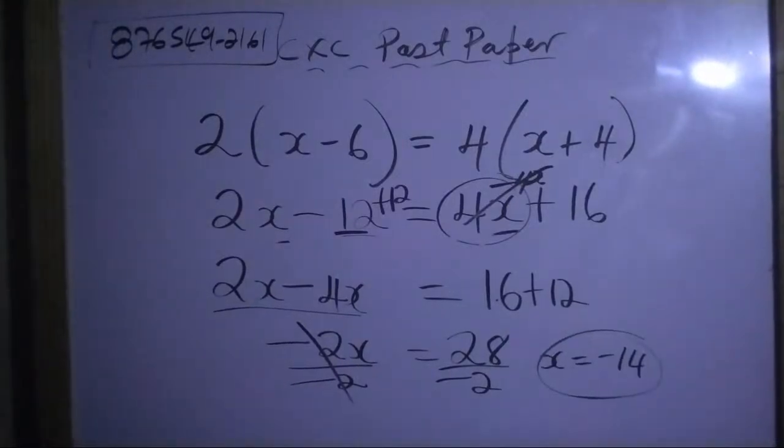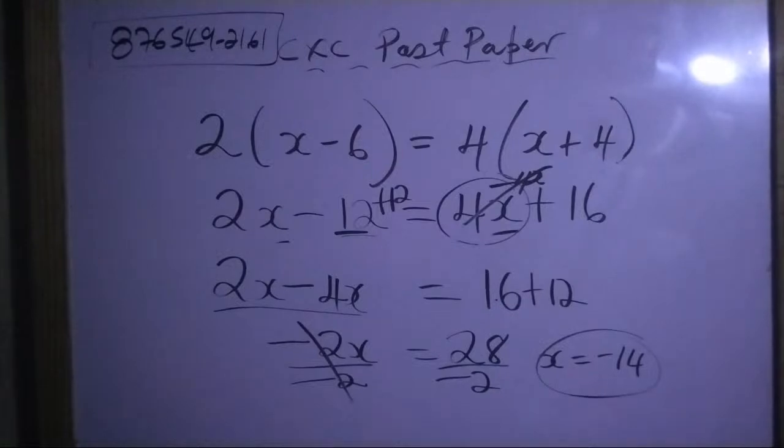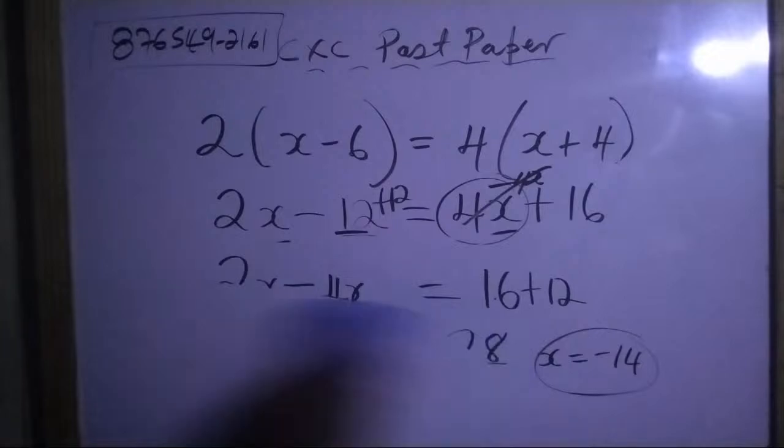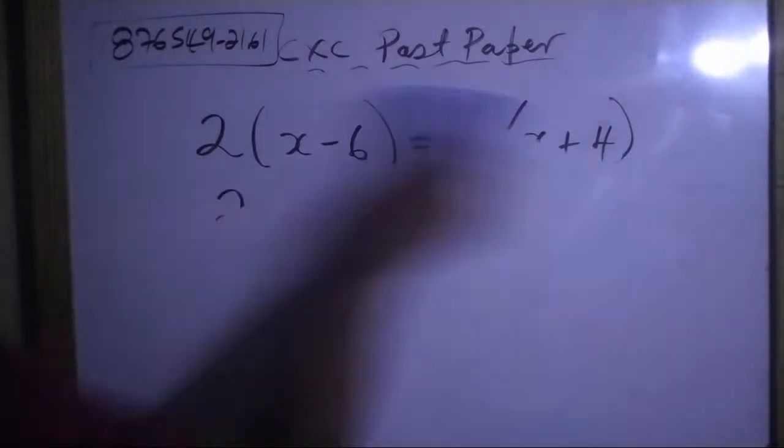A number of persons have gotten negative 14. So I'm not surprised that that is the answer. Good job, guys. One more. For the person who got 2/3 and so forth and positive 14, let's see if you guys can correct that one. We're not just going to touch one single topic and run.